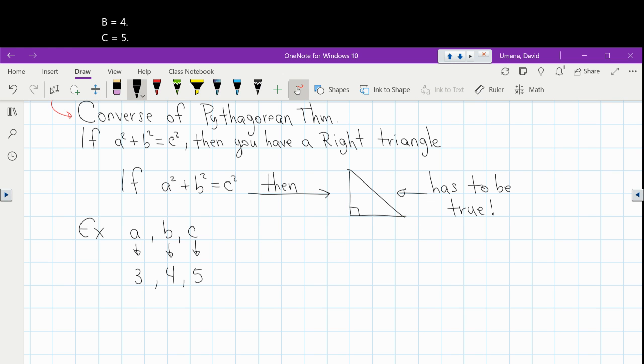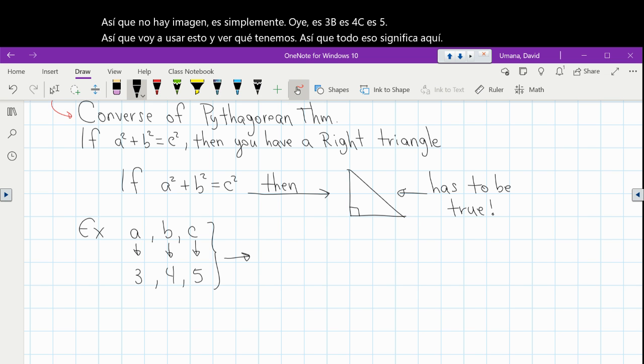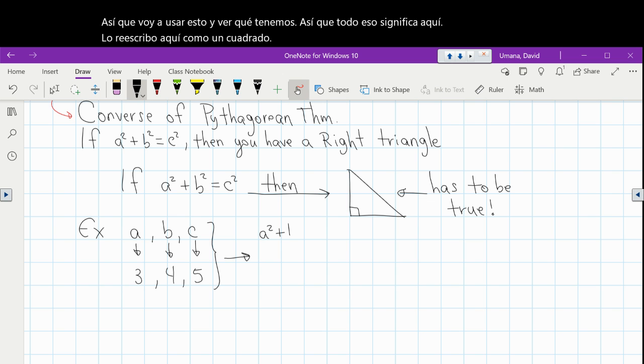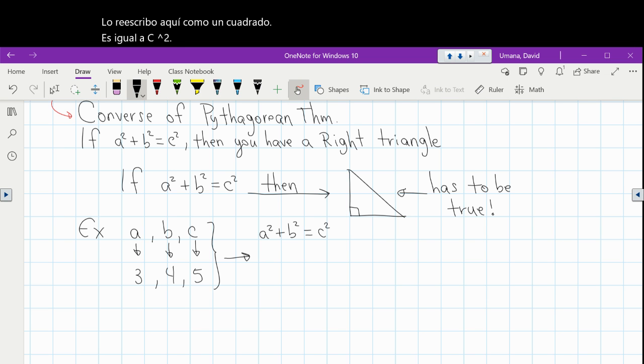So there's no picture. It's just A is 3, B is 4, C is 5. So I'm going to use this and see what we have. All that means here, I rewrite it as A squared plus B squared equals C squared. A is 3, 3 squared. B is 4, 4 squared. C is 5.